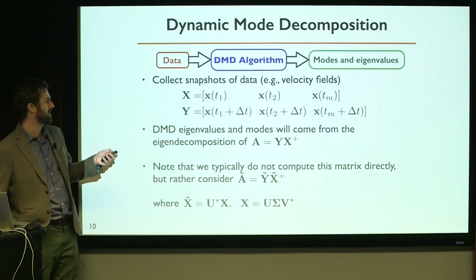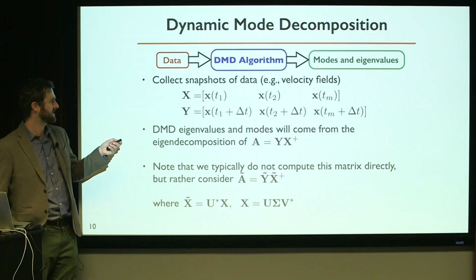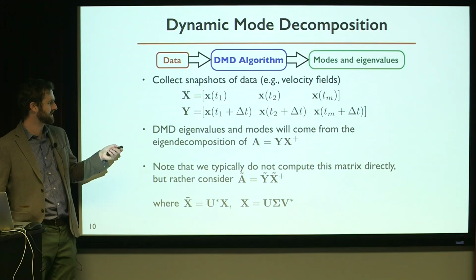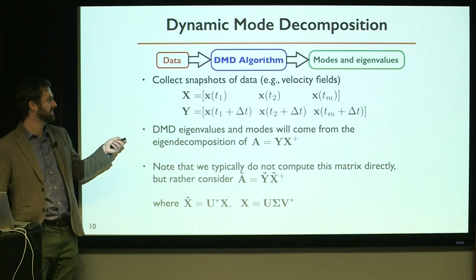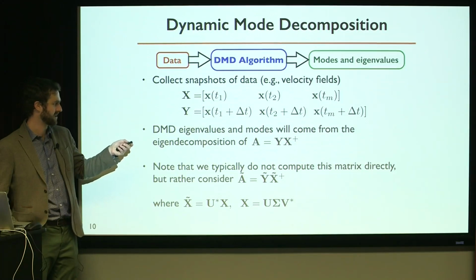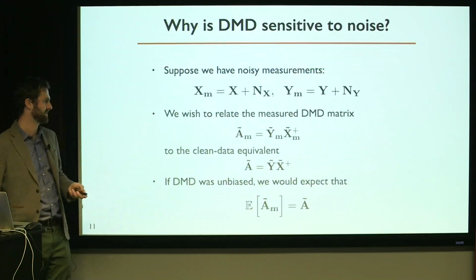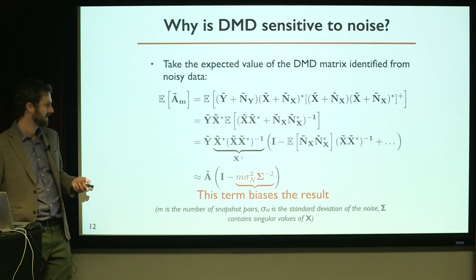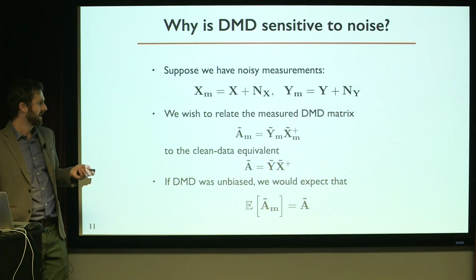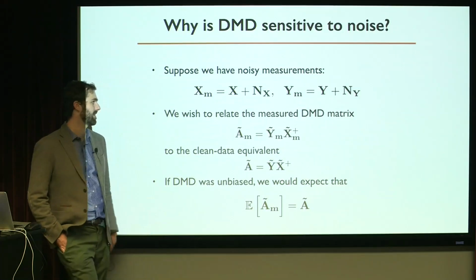So here, to go back a step, our X is a matrix consisting of all of our measurements where each measurement at a given time is assembled as a column in the matrix. So we sort of have space in the vertical direction and time in the horizontal direction. And again, we expect for noise to influence our results.